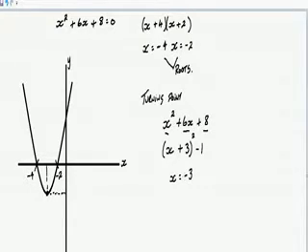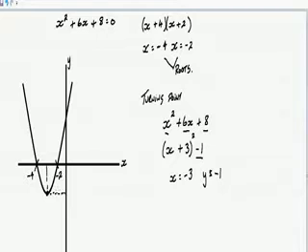So x equals minus 3. Now y equals this number, minus 1. We don't change the sign, we just leave it as it is. So x equals minus 3 and y equals minus 1.